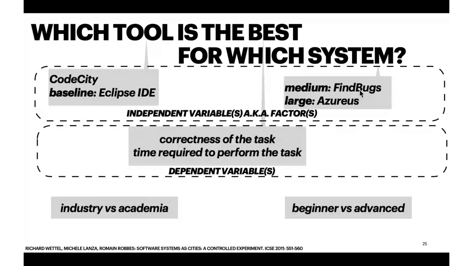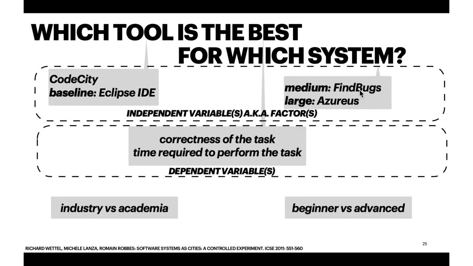Again, there are some variables which might influence our results. For instance, we can have industrial participants versus students. We can also have beginners versus advanced users. And now we have a choice. We can consider those variables as parameters, in the same way as the study of Krüger with fMRI decided to focus on a subgroup of their participants.